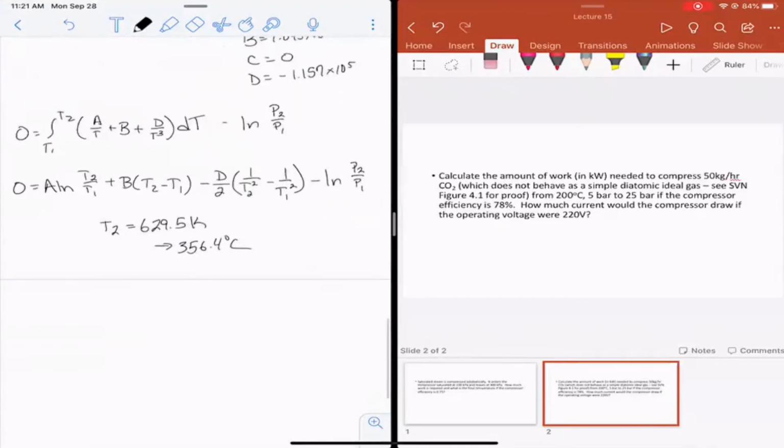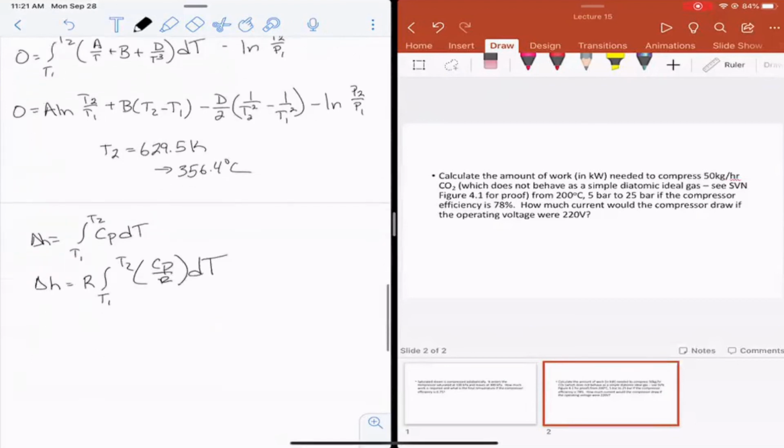The reason that is helpful is because now we can calculate delta H. Delta H is still equal to the integral of Cp dt from T1 to T2. Since we have Cp over R, delta H is R times the integral from T1 to T2 of Cp over R dt.